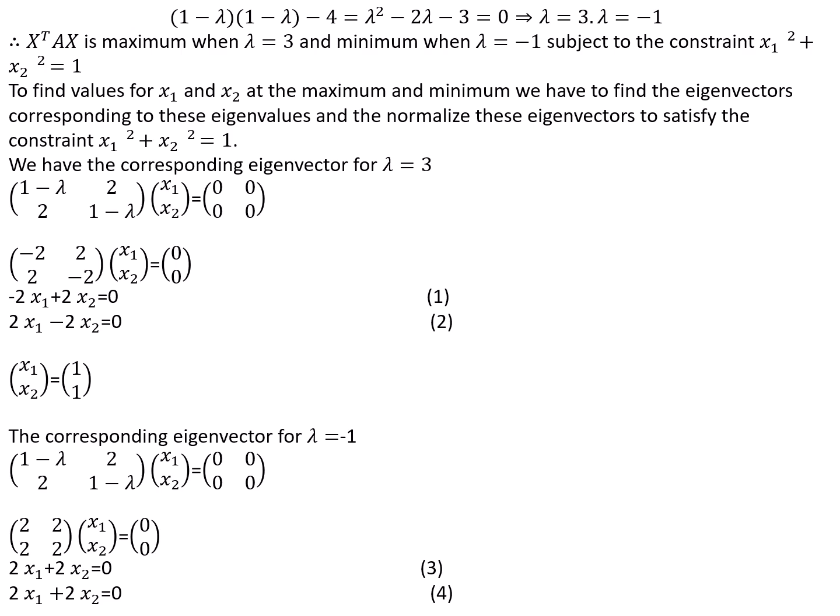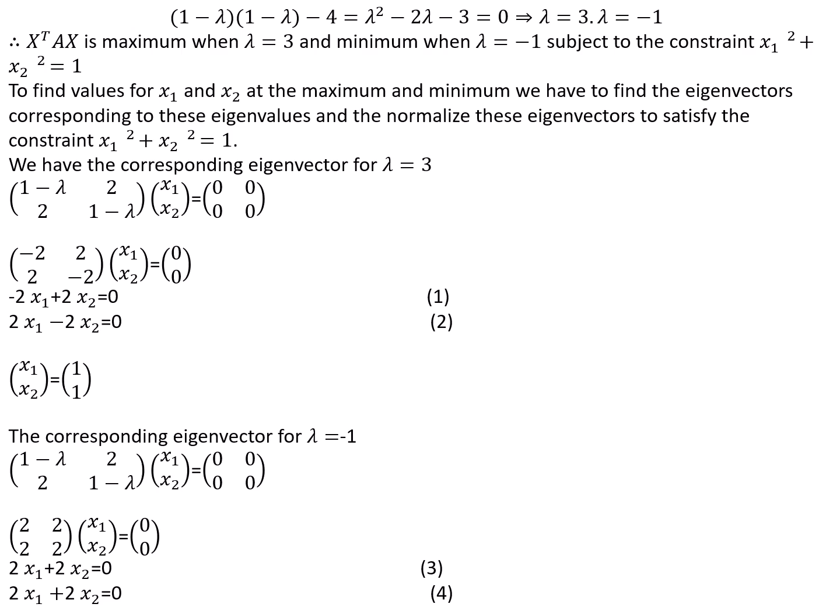So that is the corresponding eigenvector when lambda is 3. Now we want to find the corresponding eigenvector for lambda equals minus 1. So you are going to substitute: anywhere you have lambda, you replace it with minus 1. Then you have your equation 3 and your equation 4.